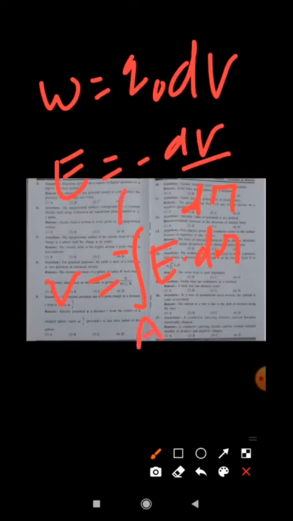Suppose we don't know the potential at A and the potential at B, then we cannot find the value of dV here. But if we use this formula, then we can find VA minus VB, as you calculate the potential at A and at B. So let's put the value in place of dV.